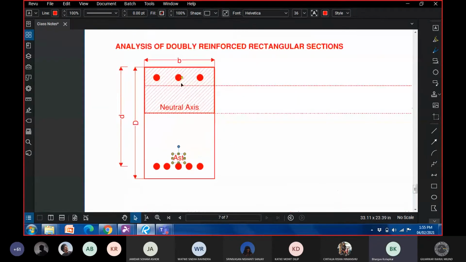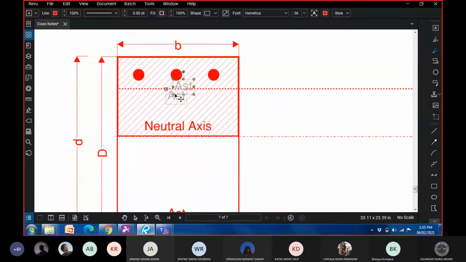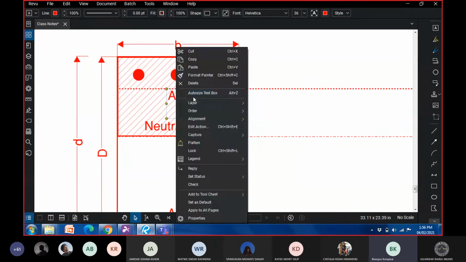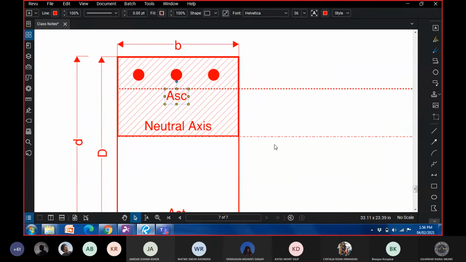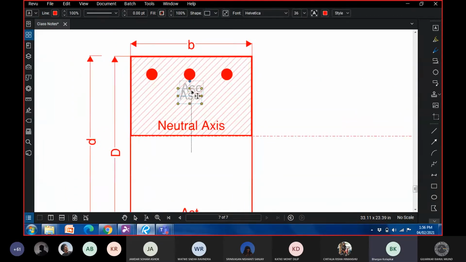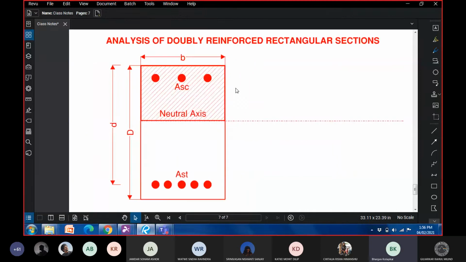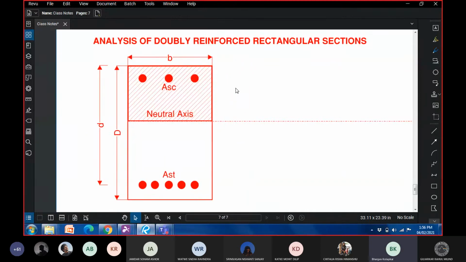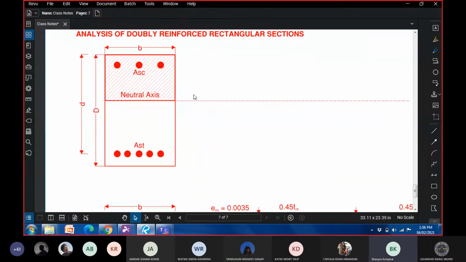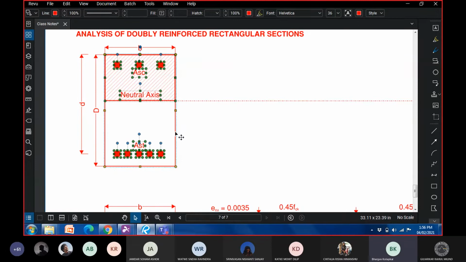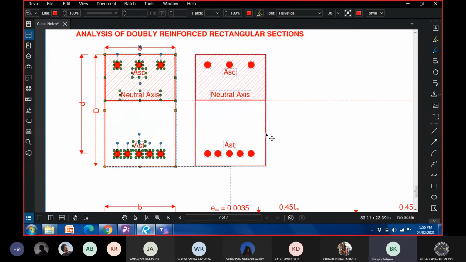Similarly, let us denote this as Asc, or area of steel in compression. Now we have to analyze this section. An easier way to analyze this section is to look at it as a combination of two sections.